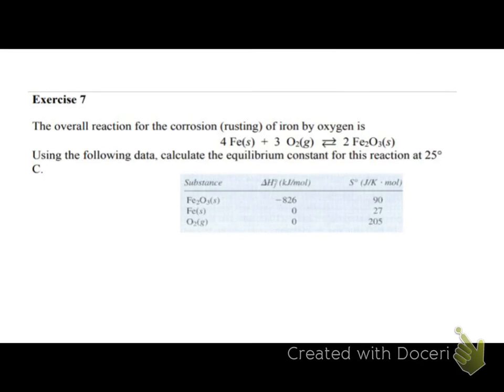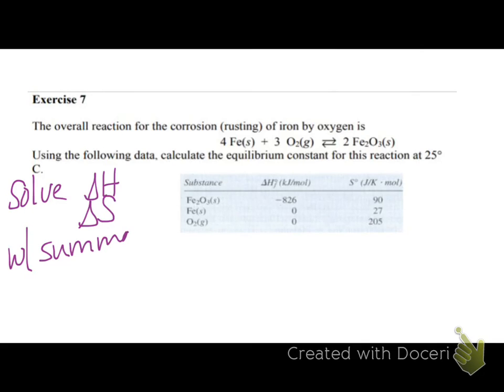We're going to have to solve for delta H and delta S using the summation. Then we're going to solve for delta G using delta H minus T delta S.